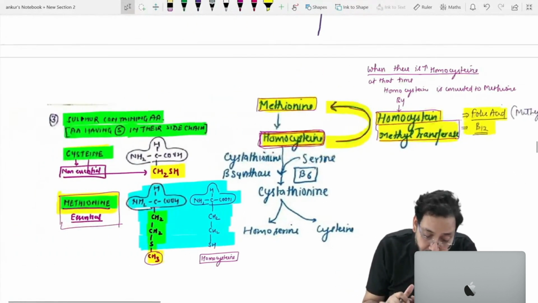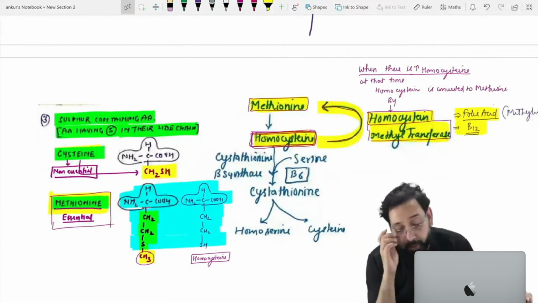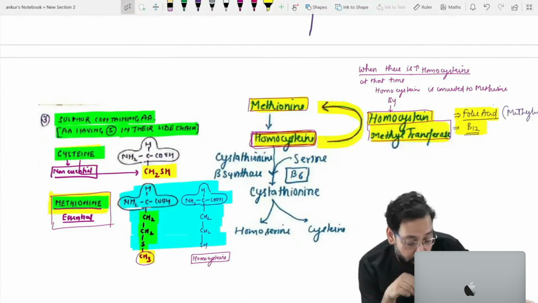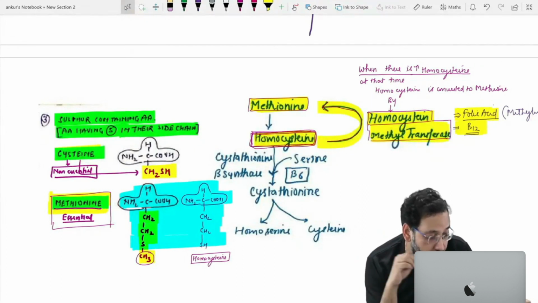Now tell me, I told you the definition: anything which can be synthesized in our body is non-essential, which can't be synthesized is essential. So is methionine essential or non-essential?